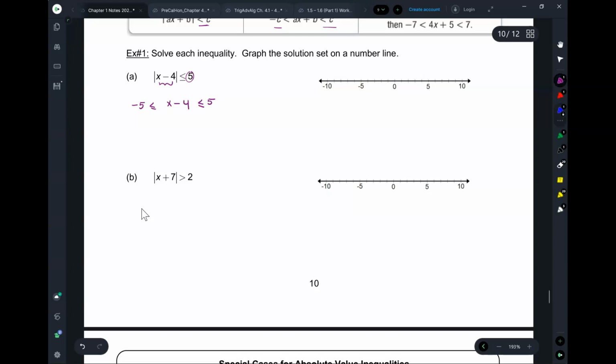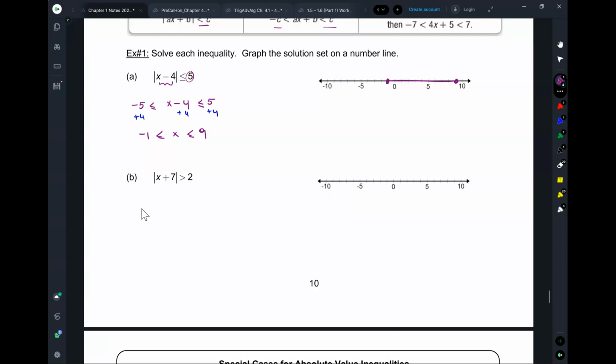Okay, so now I add 4 to all sides. So I get negative 1 less than or equal to x less than or equal to 9. So I get here negative 1 and 9, and that's my answer.